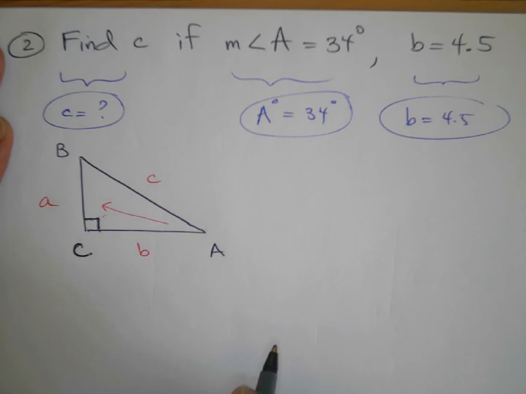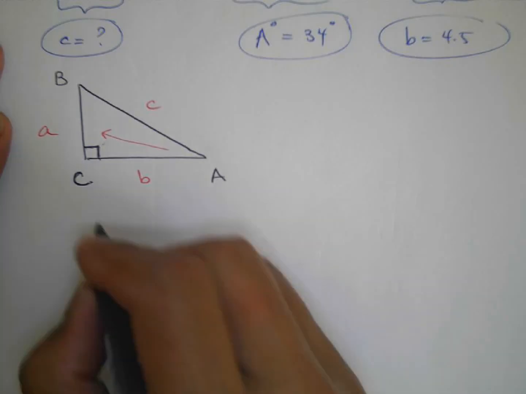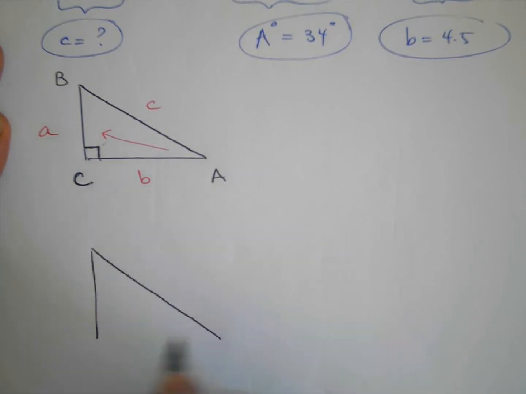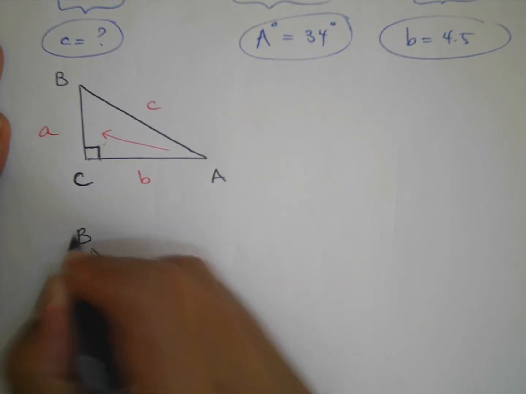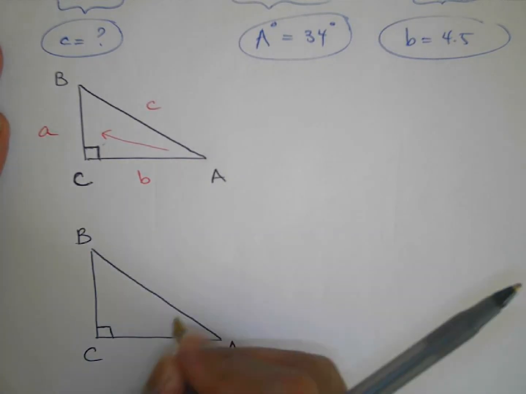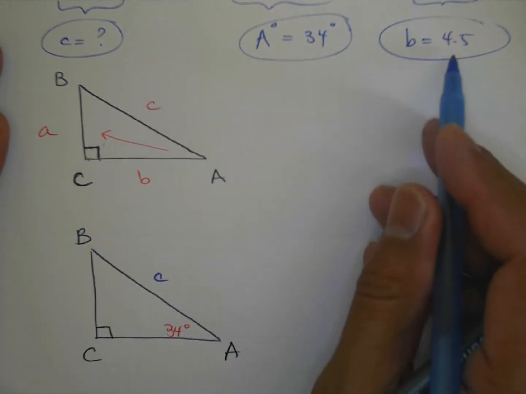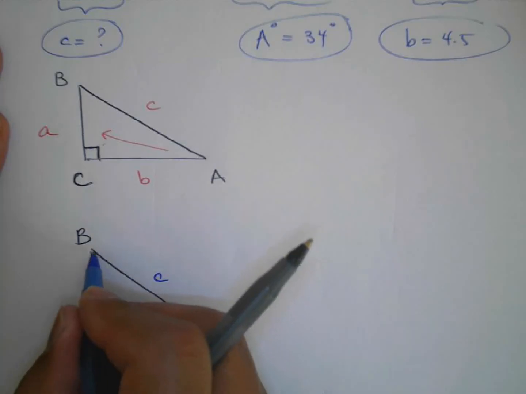All right. With that, I'm going to draw it over again. Got C, I got A, I got B. What do I know? Angle A is 34. That is right here. Side C is the one I'm trying to find. Put it here. And the measure of side B is 4.5.